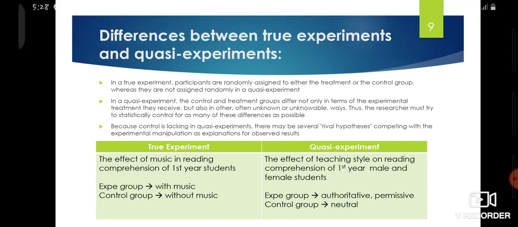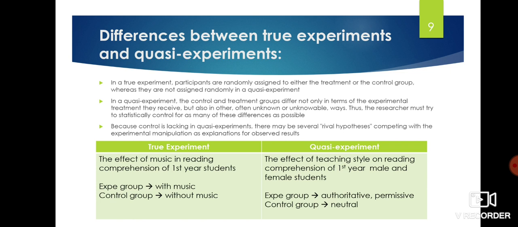Because control is lacking in quasi-experiments, there may be several rival hypotheses competing with experimental manipulation as explanation for observed results. So, yun po yung nangyayari. So, in any way, since kayo naman po ay mga undergraduate students pa lamang, it's really convenient for us to use the quasi-experiment kasi we're just also practicing and we're just testing yung mga human behavior.